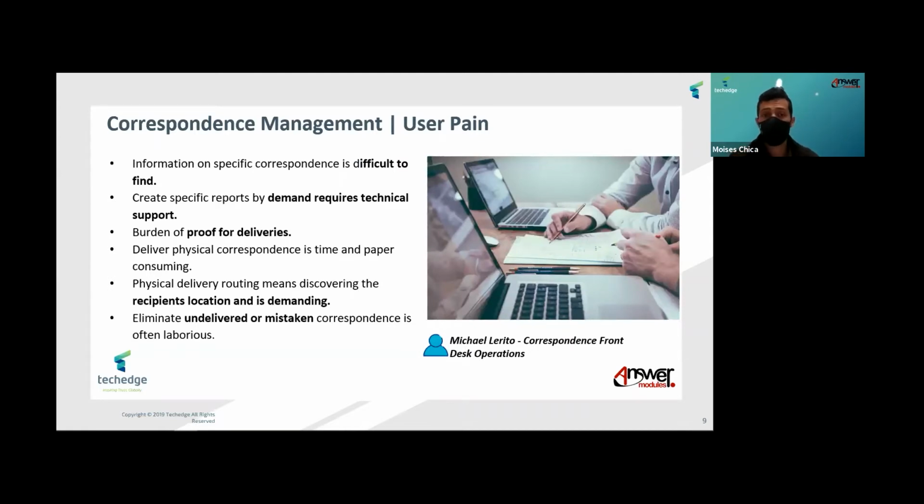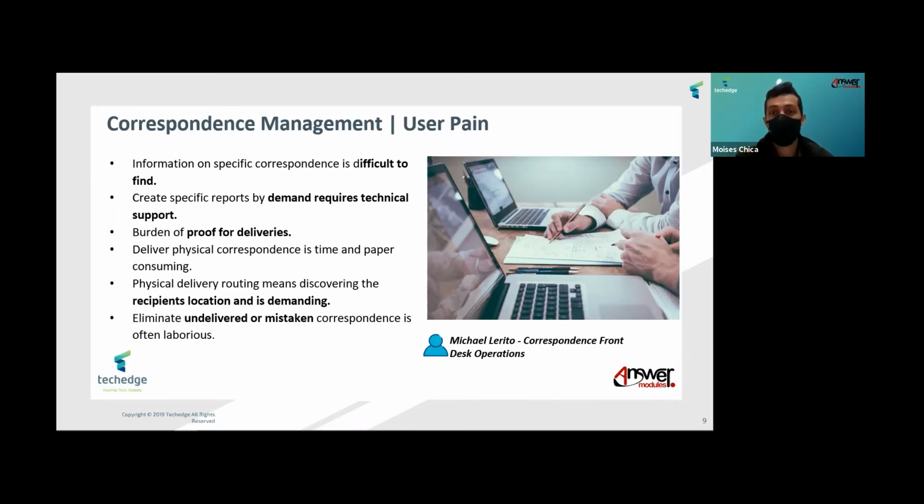Also, we have our front desk operators, the ones that run our system every day. They are normally facing difficulties to find information because it's them who receive those requests for information. It's them who are usually asked to create reports out of nowhere, and they will need to demand technical assistance from a database expert or something to load some information.